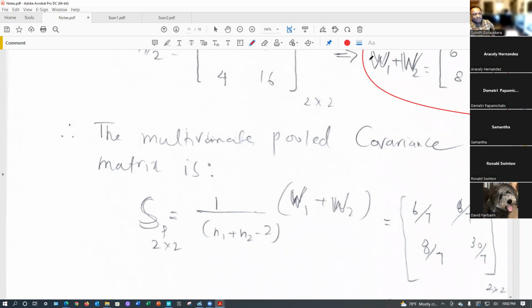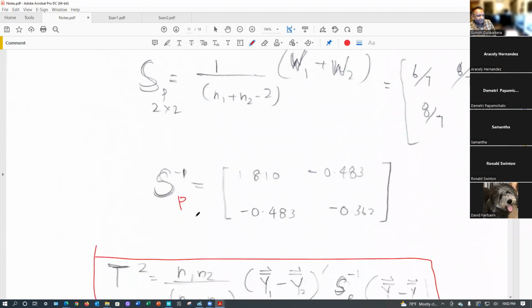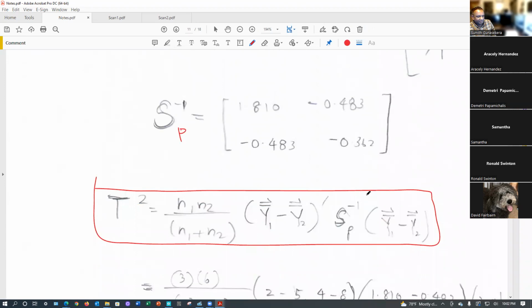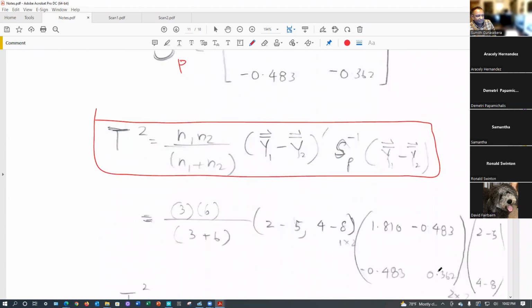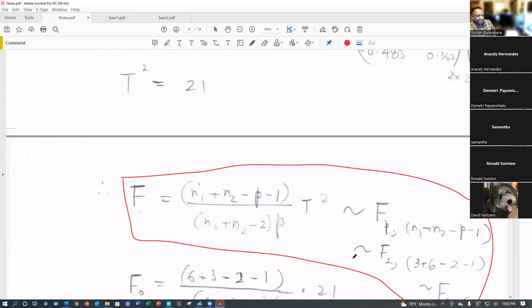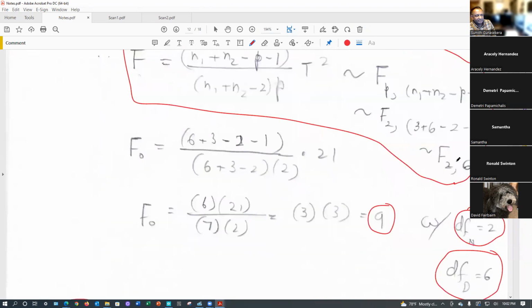Instead of looking at one, I'm going to pool them multivariately. In a regular one, you know how to pool them, n1 minus 1, s1 squared, and so on. But here, the pooled inverse, we put that one here, and then we do the calculation. Eventually you get the degrees of freedom 2 and 6 and 9.